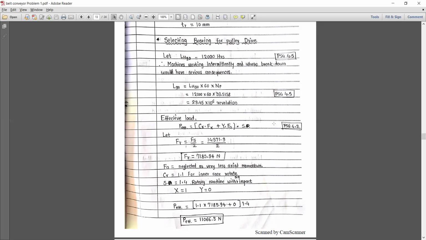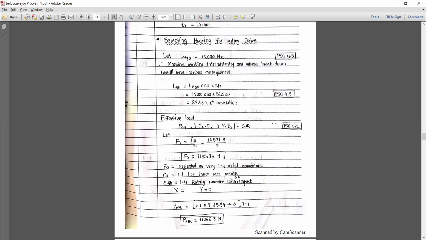23.45 million revolutions. The effective load P effective is equal to (X into Fr plus Y into Fa) into service factor. So Fr is equal to Fs by 2, 14371.9 divided by 2. So Fr is equal to 7185.94 Newton. Neglecting the axial thrust, CR is equal to 1.1 as the inner race is rotating, and for rotary machine without impact the service factor is 1.4.